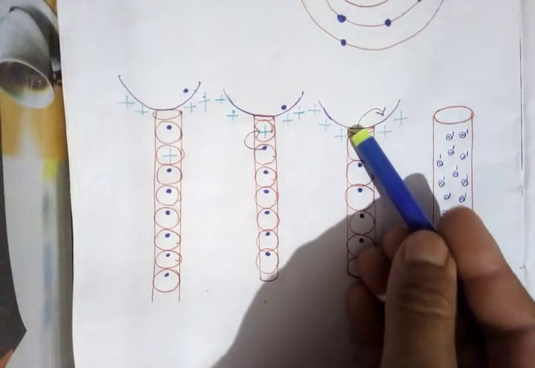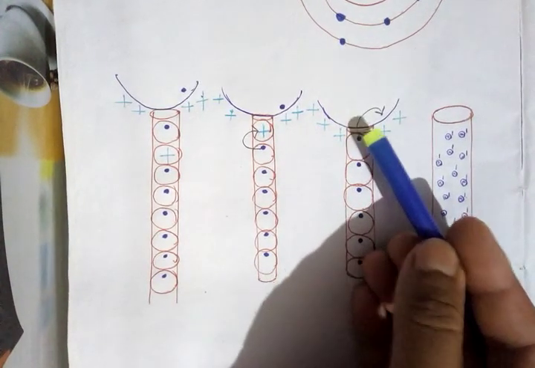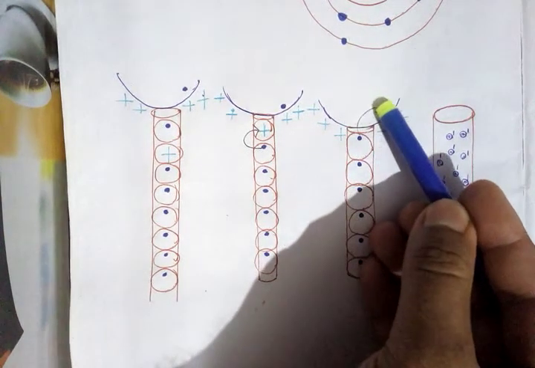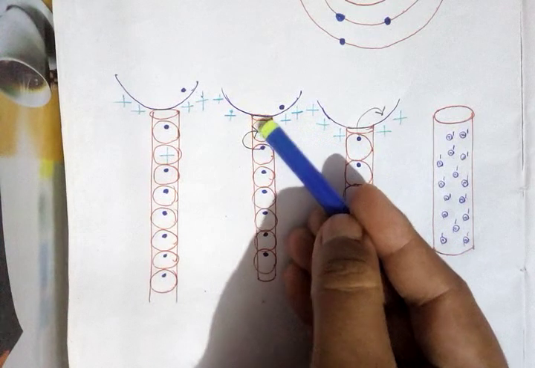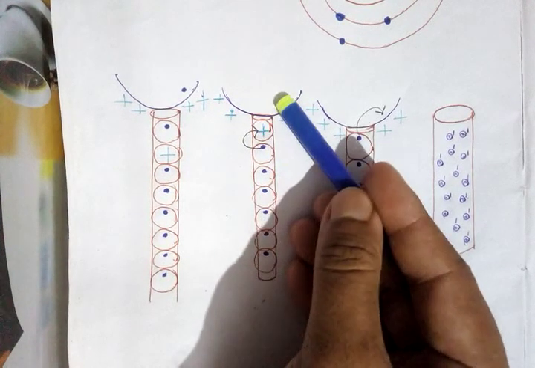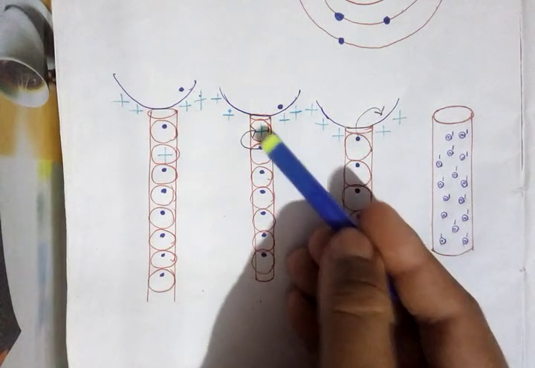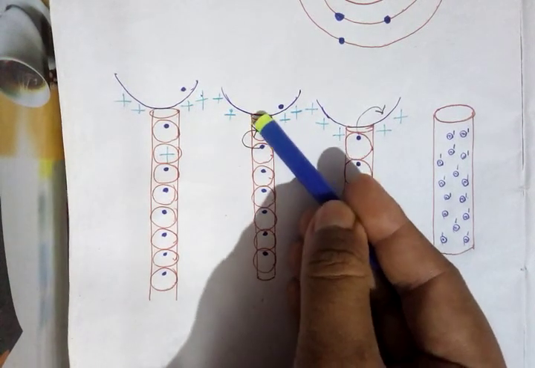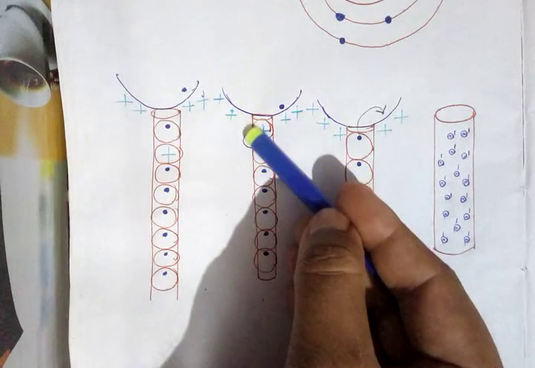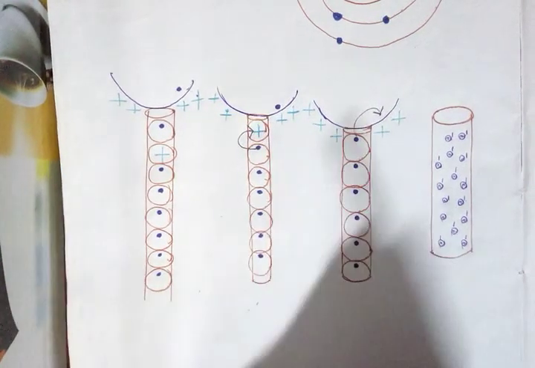So this electron will leave the atom and enter this positively charged body. Now if the electron leaves the atom, then a positive charge is created. So this atom gets a positive charge.